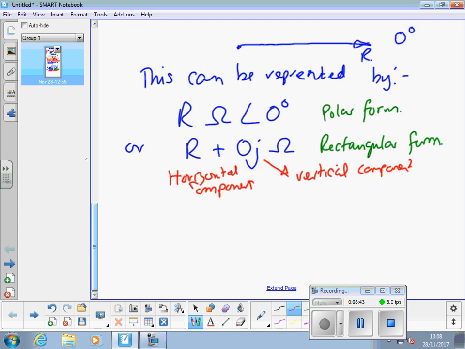I.e. with rectangular, how far is it in that direction, and how far is it in the j direction, horizontal, vertical. We can go negative horizontal and we can go negative j in that direction too. Okay, so it's two different ways of representing those complex numbers. All reasonably happy with that so far? It should jog some memories about stuff from engineering science, hopefully.